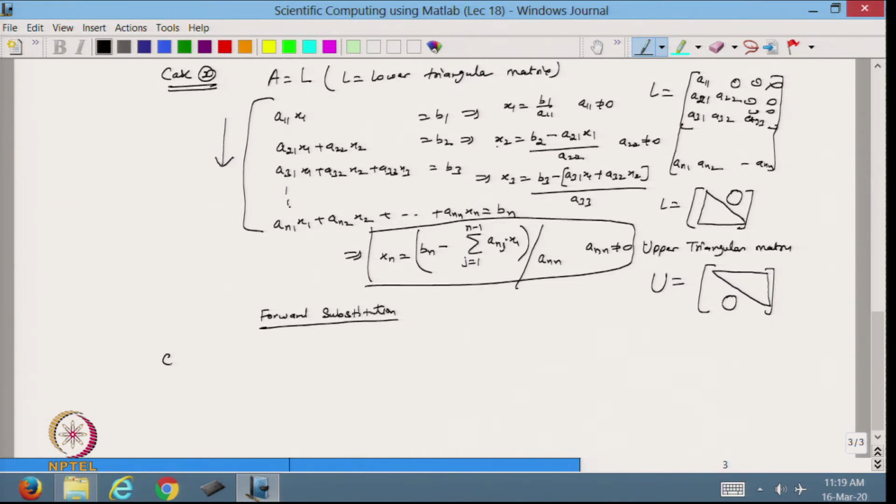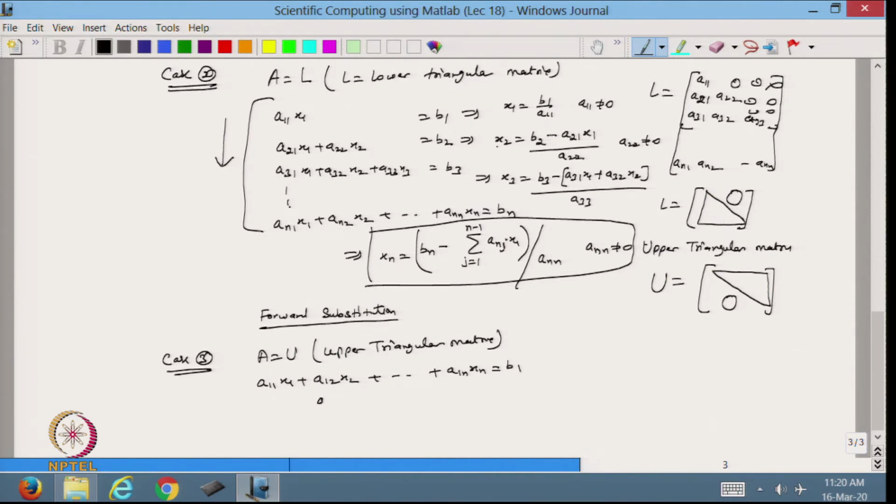So, the same I can do for the third case, when my A is equal to U, that is the upper triangular matrix. So, in the upper triangular matrix, what will I get? I will get my system of equations as a11 x1 plus a12 x2, and in the last a1n xn is equal to b1.